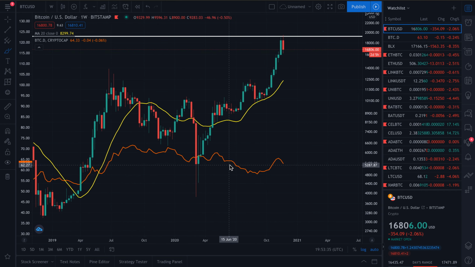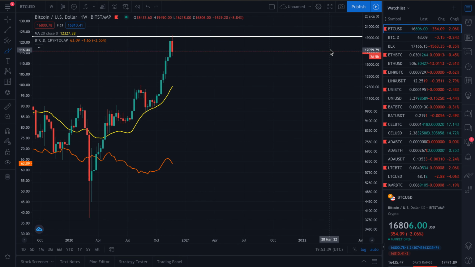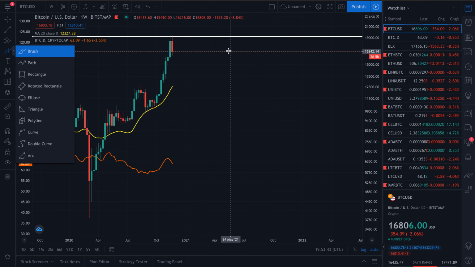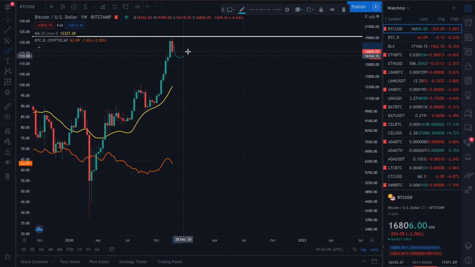And with that dominance move to the downside, we could very well see Bitcoin trend down at least a little bit, move back up, come back down, all in the midst of a 20 weekly moving average touch.